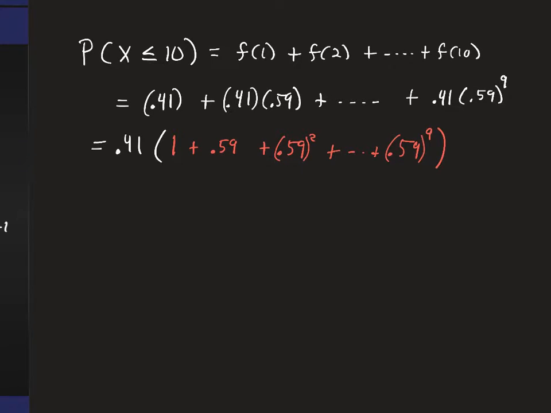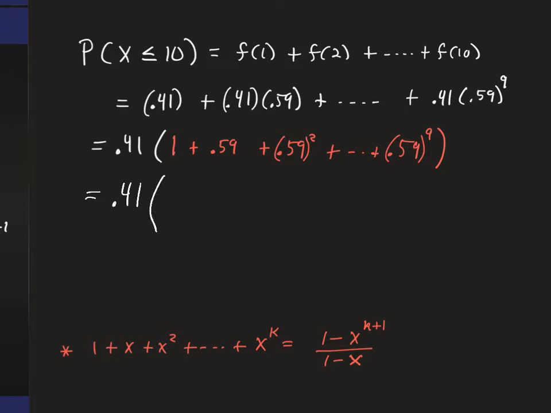And if we keep in mind that we've got this very nice geometric sum formula, 1 plus x plus x squared all the way out to the kth power, this is equal to 1 minus x to the k plus 1 over 1 minus x. Right? We can simplify this part of our geometric sum.